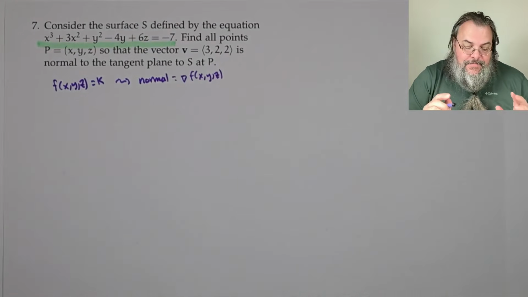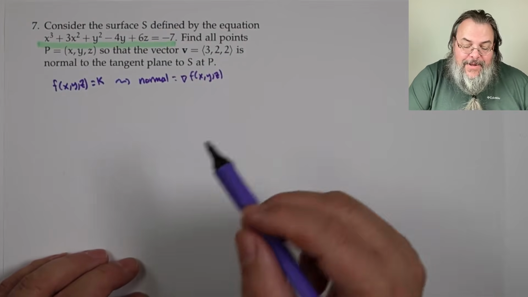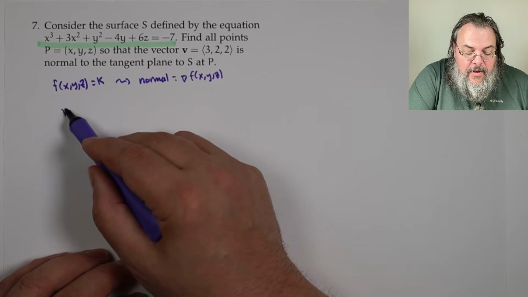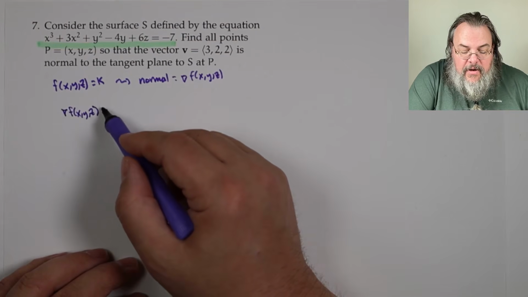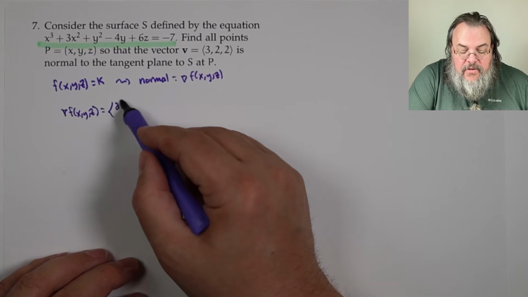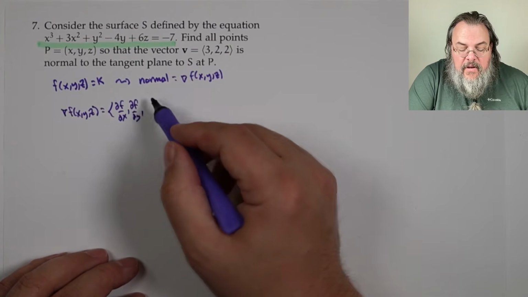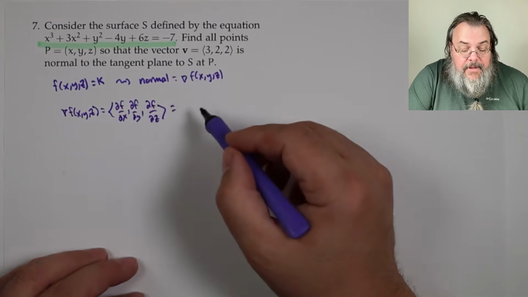Okay. So, well, let's figure out what the normal looks like. We say our gradient, that's our collection of partial derivatives, looks like the following.